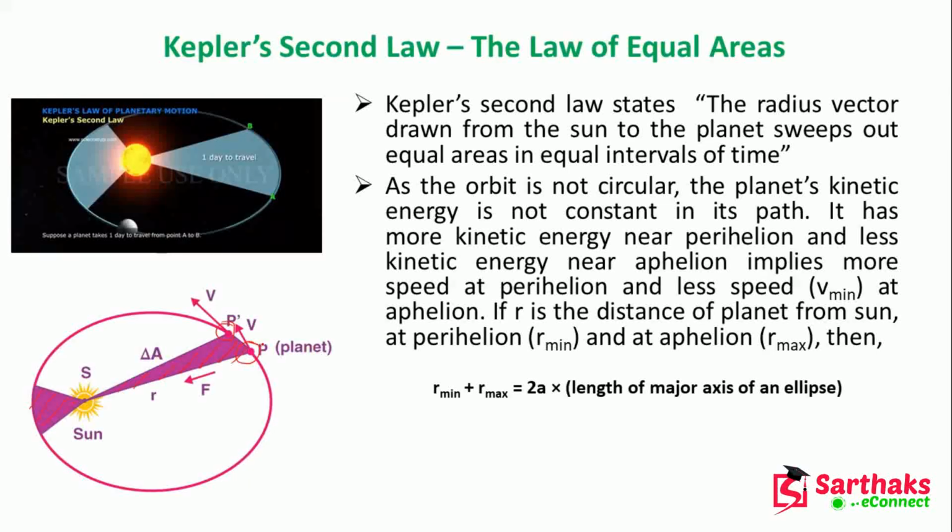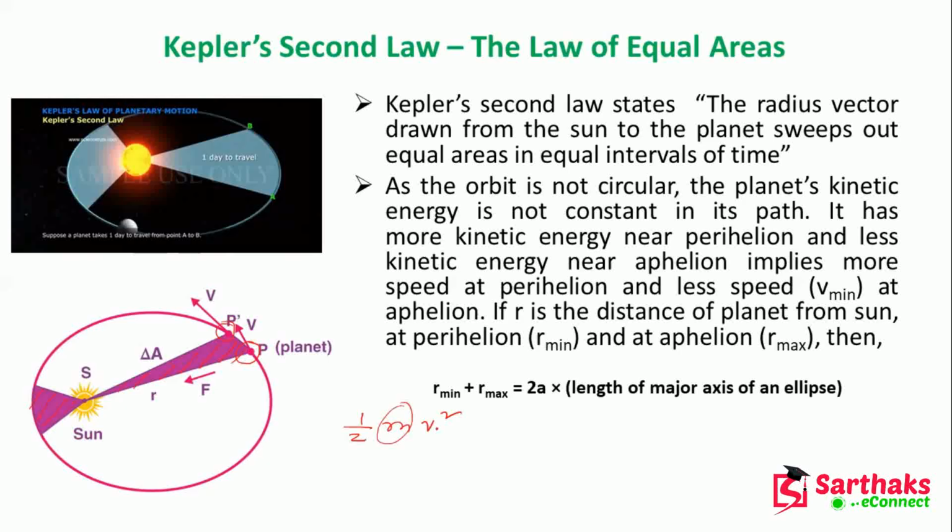So here that means what? Kinetic energy is higher or lower. We know that kinetic energy is half mv square. Now mass will be the same for both these places. Mass will not change here.